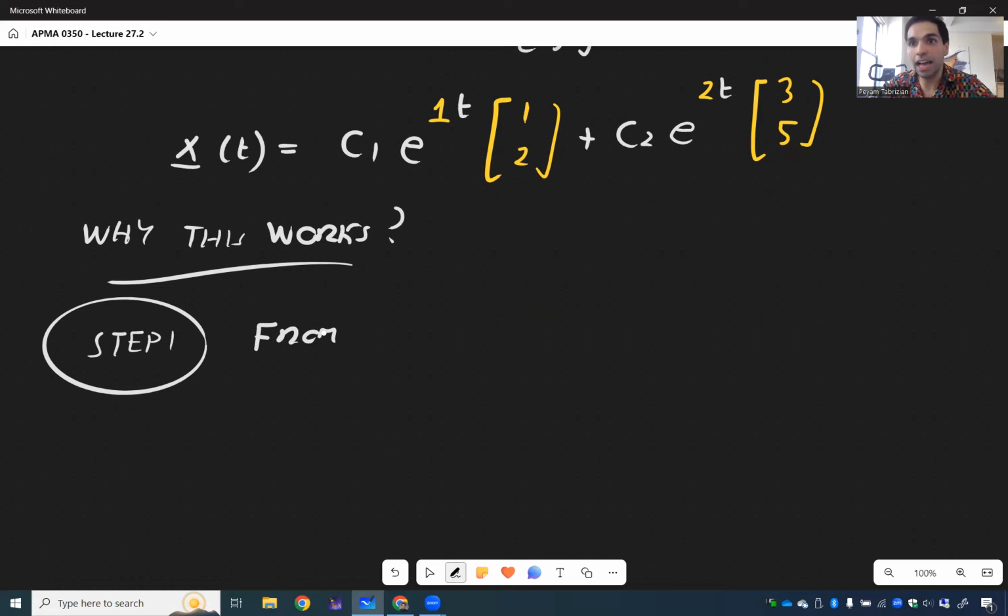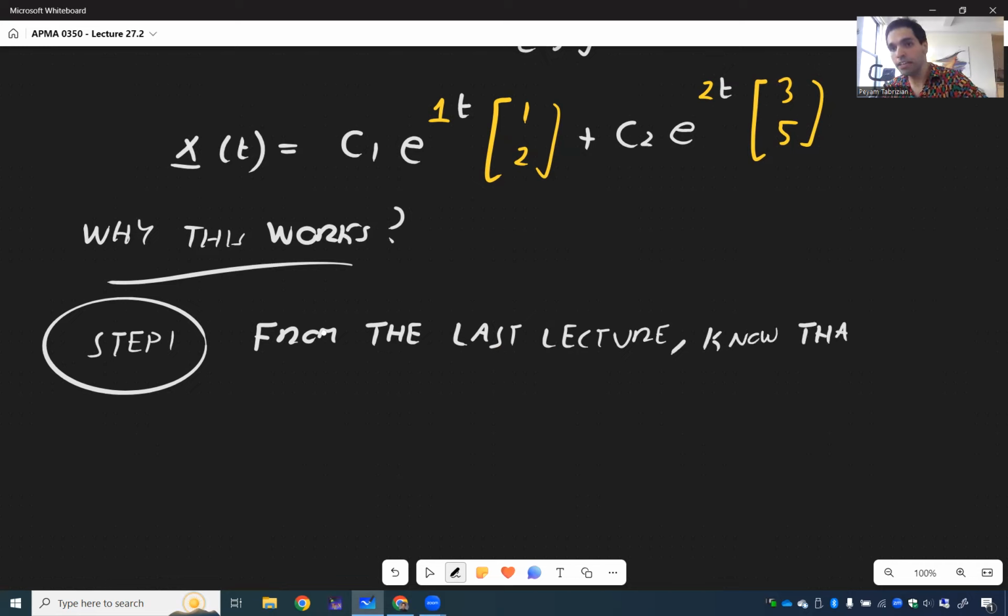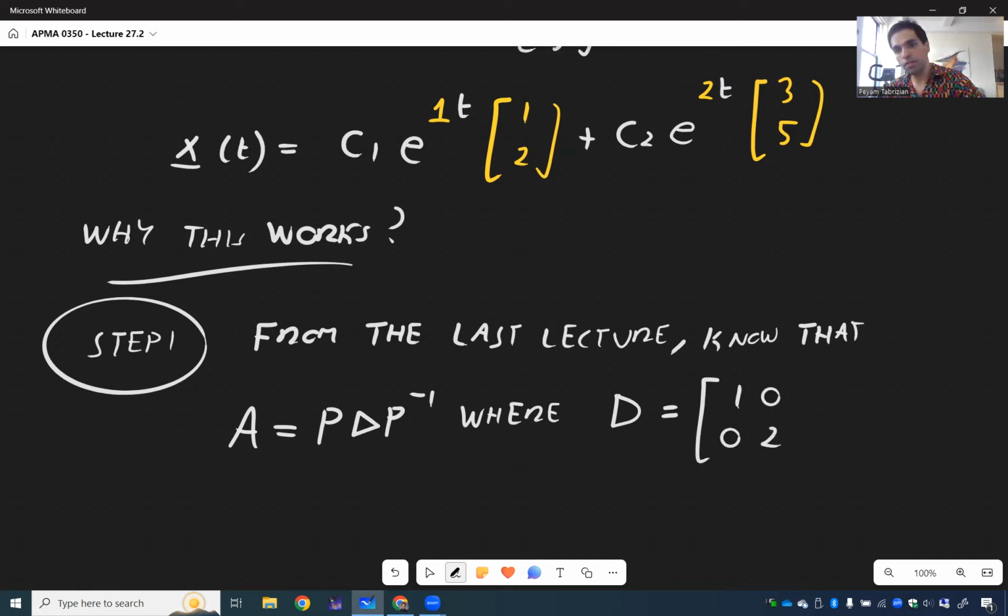So from the last lecture, we know that we can write A equals PDP inverse, where D is a matrix of eigenvalues, I believe [1, 0; 0, 2], and P is the matrix of corresponding eigenvectors, so I think [1, 3; 2, 5].